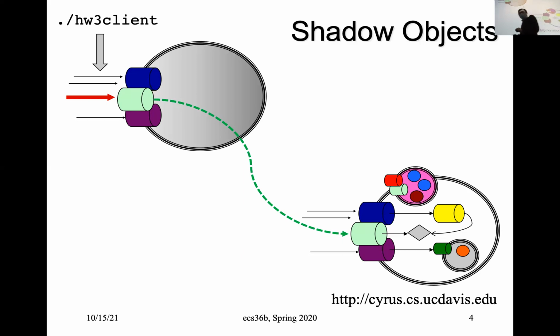So in the shadow object scenario, instead of directly accessing the real object, I create a shadow object. On the left top corner, this is called a shadow for this object.